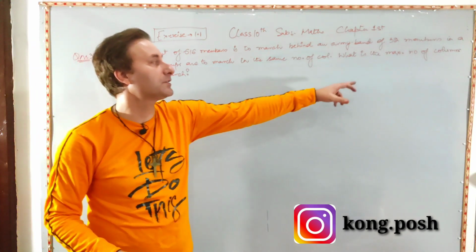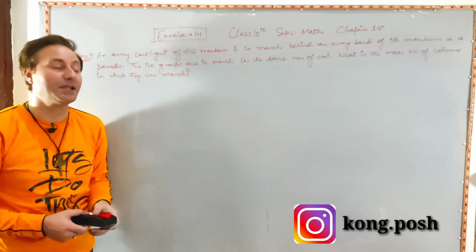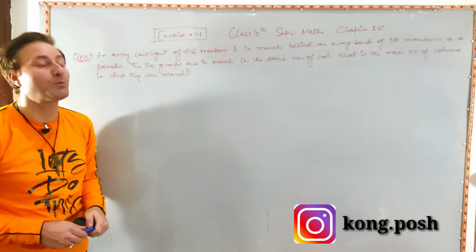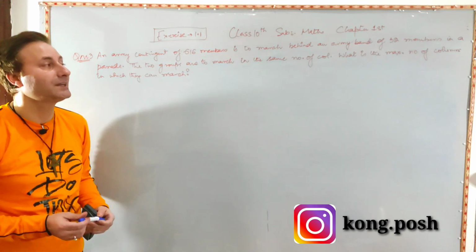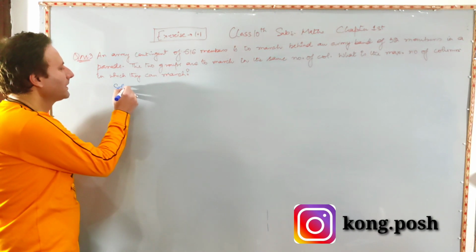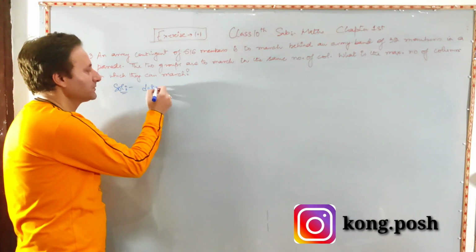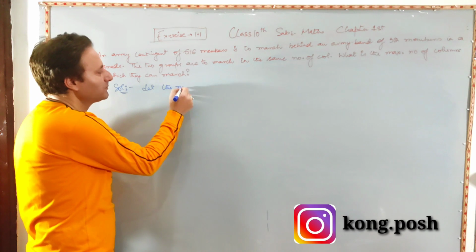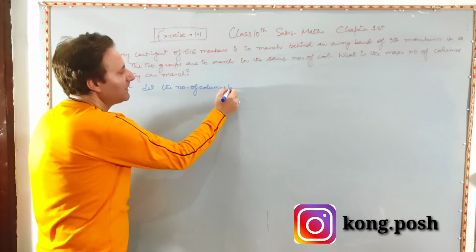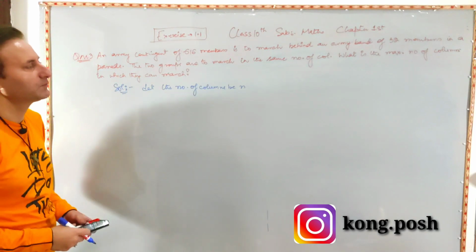So the word here is maximum. So whenever you have a word maximum in this type of questions, it means that we are talking about highest common factor, HCF. So first of all, what we will do, I will say, because we don't know the columns, the number of columns, we can say let the number of columns be n. You can put n, x, y, anything, right?